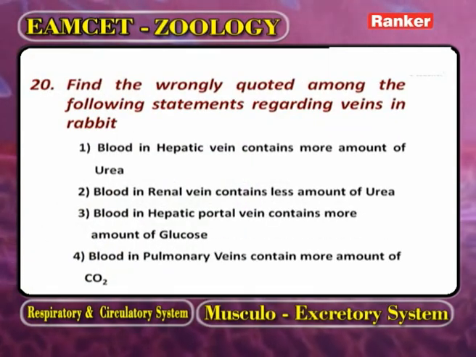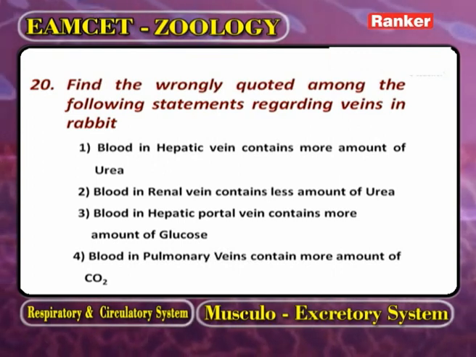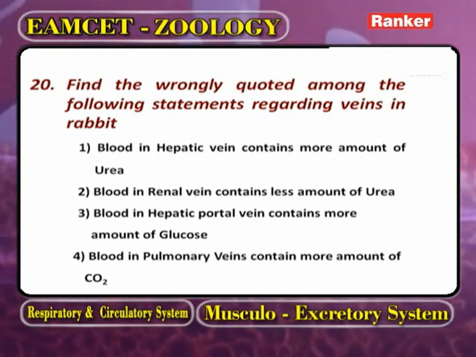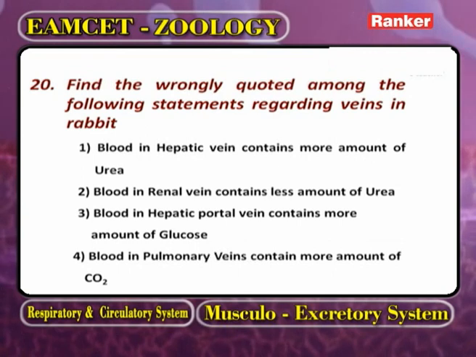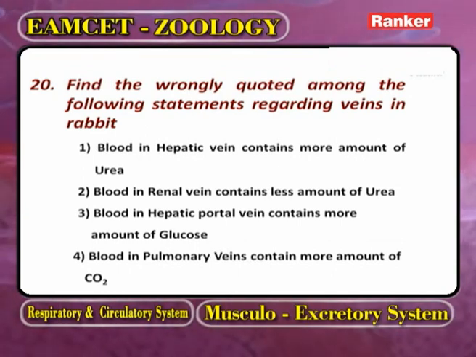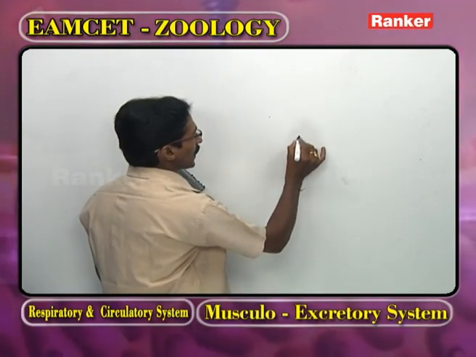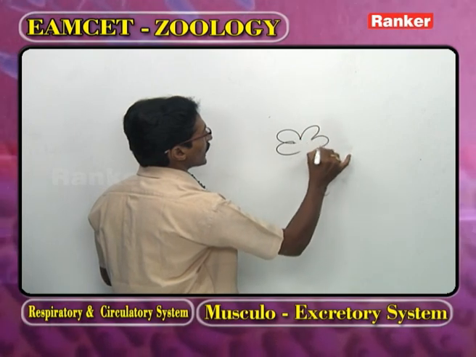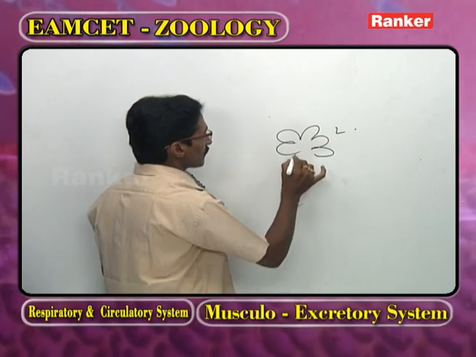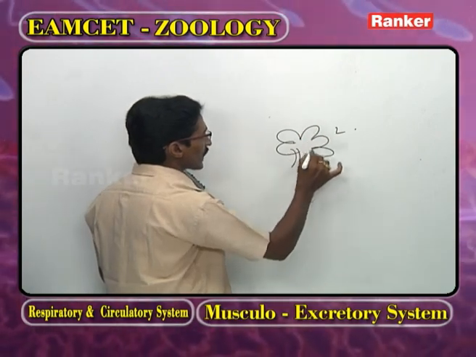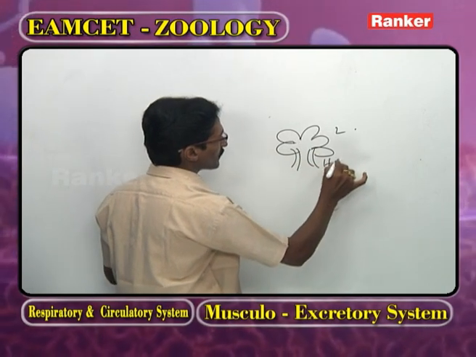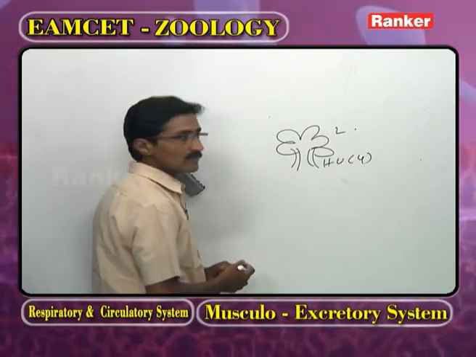Find the wrongly quoted statement among the following statements regarding the veins in rabbit. Now we observe the first statement: blood in hepatic veins contains more amount of urea. Now this part we call the liver. From the liver, these are called the hepatic veins. How many hepatic veins? 4.